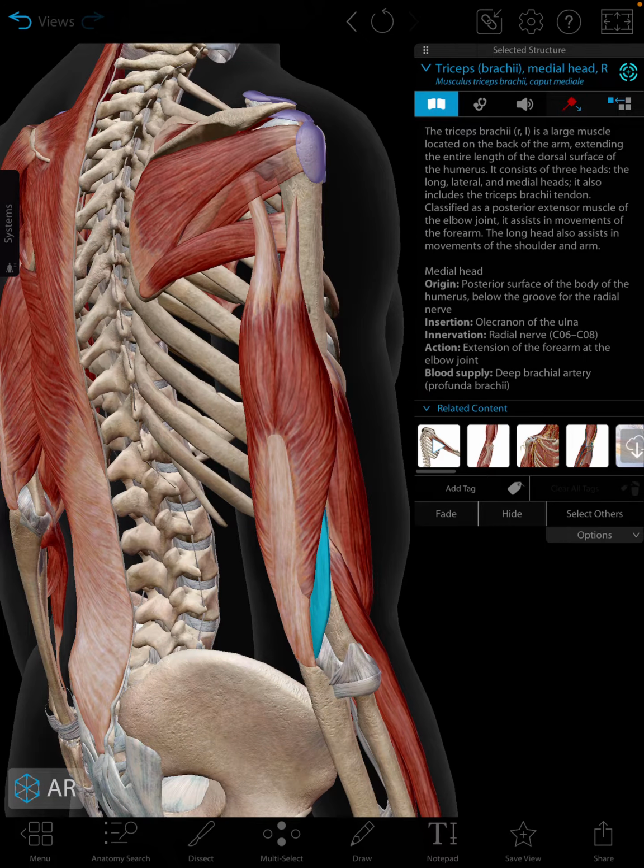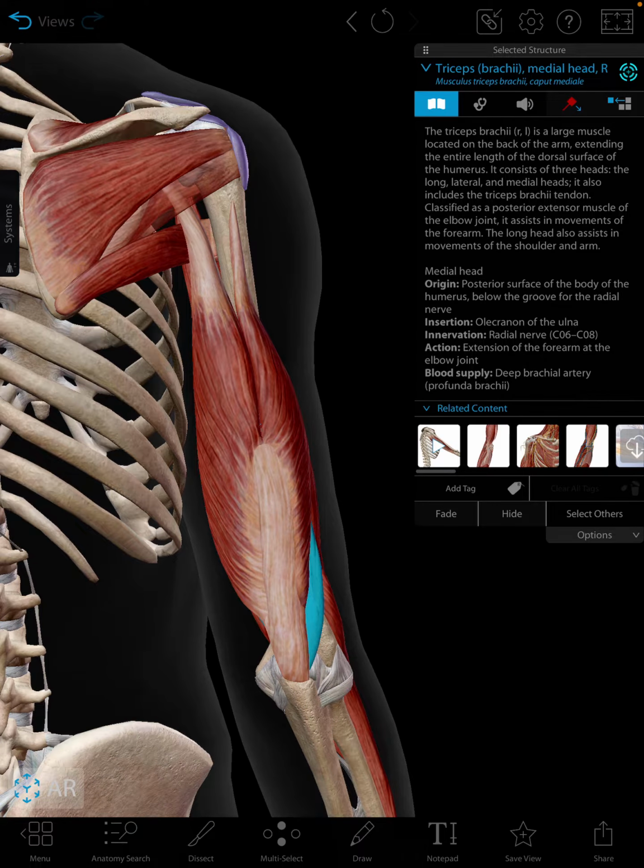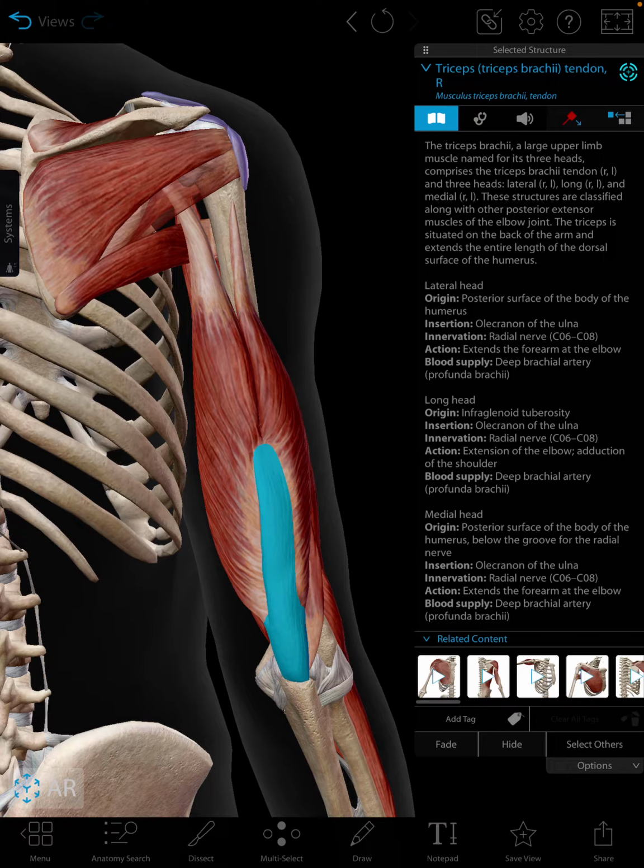So here's our medial head right here. All three of these converge on our triceps tendon here that you see. This attaches to the olecranon process of the elbow, and whenever this muscle contracts, it produces extension of the arm at the elbow. So we're producing elbow extension.